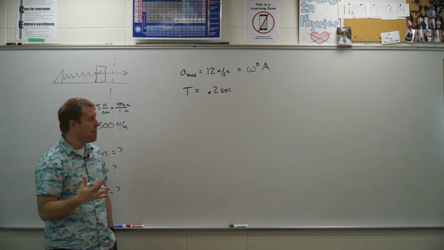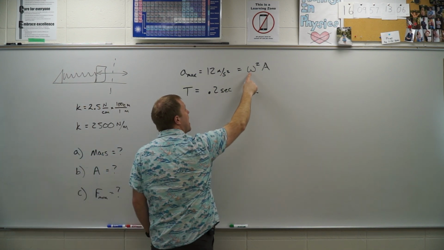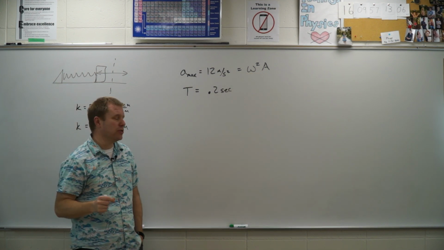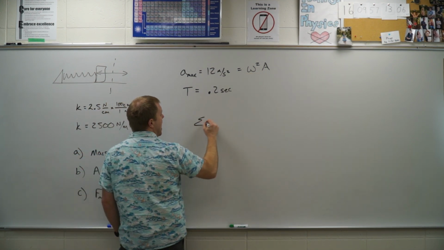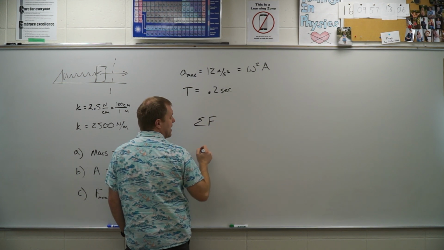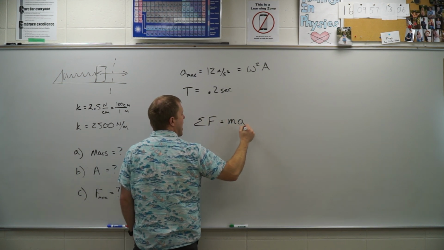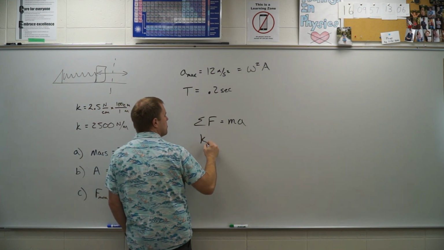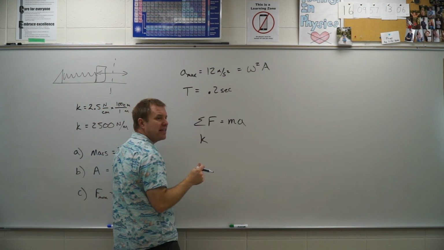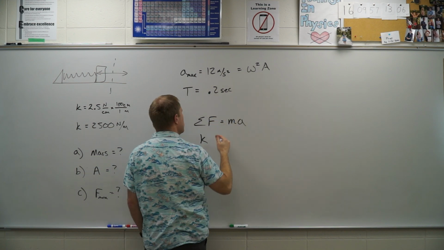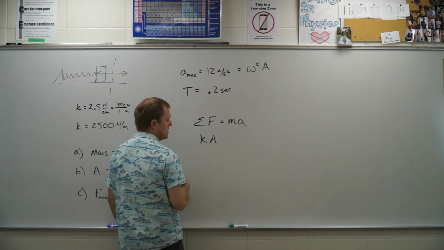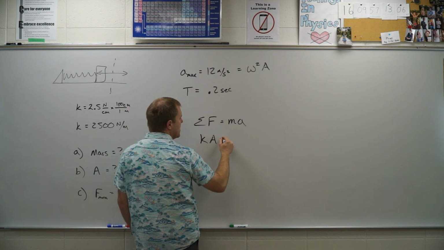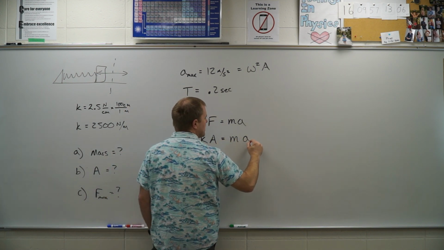If I find that maximum acceleration and I know the period, I should be able to find that amplitude. Also, if I add up the forces acting on it and set it equal to ma, there's that mass I'm looking for. A force from a spring is going to be k, and let's pick the point of maximum displacement, so my force will be kA instead of kx, equal to m times a max.